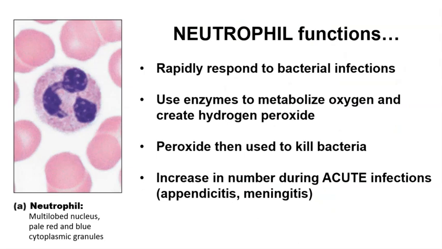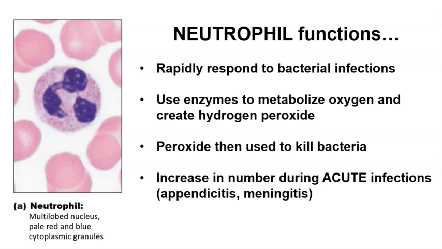First, the neutrophils are the granulocytes that have a nucleus that contains anywhere between 3 and 6 lobes. The cytoplasm contains pale red or pale blue cytoplasmic granules within it. The neutrophils function as rapid responders to infections, particularly bacterial infections.